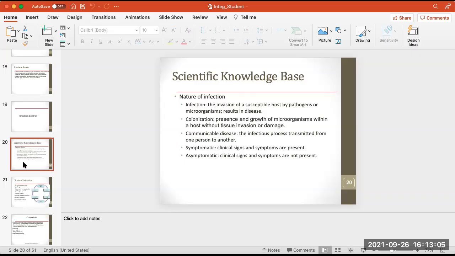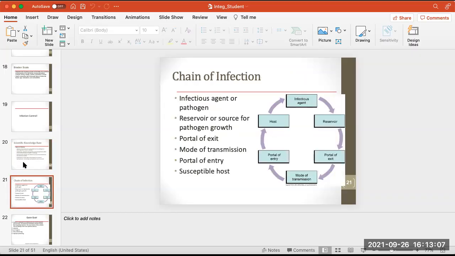Okay, so going back to the very basics of the chain of infection, how does infectious disease occur, and how do we spread it? Why are we talking about this concept at this time? It all comes into the picture of why we wash hands often.